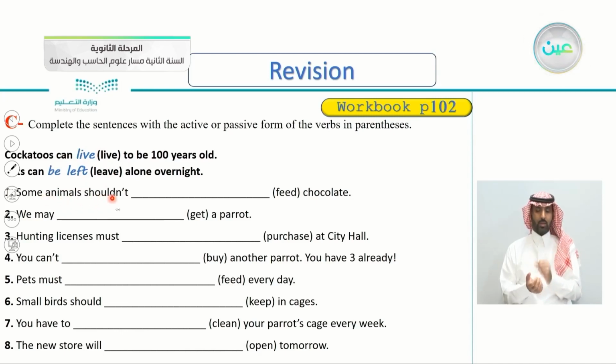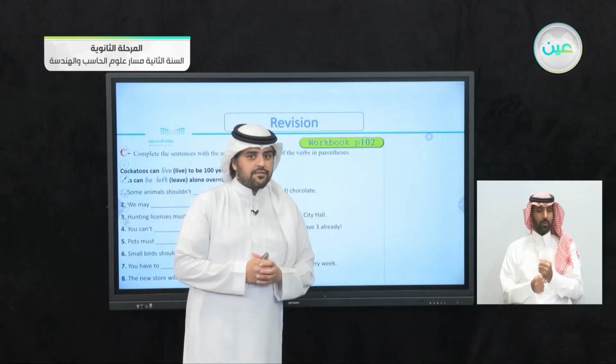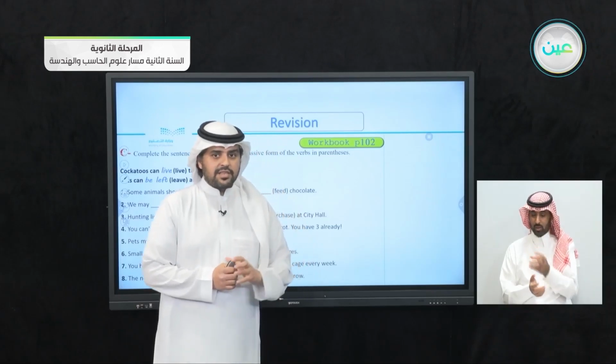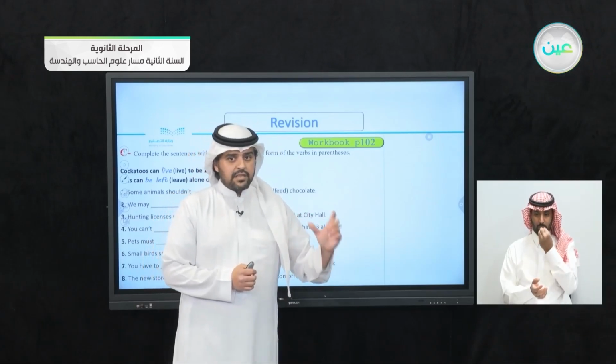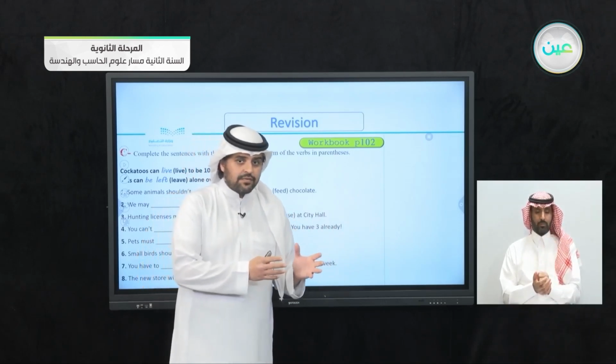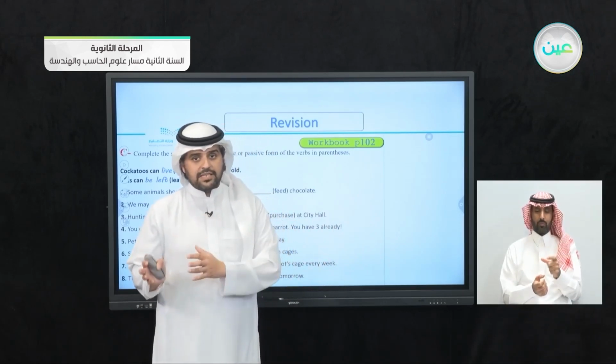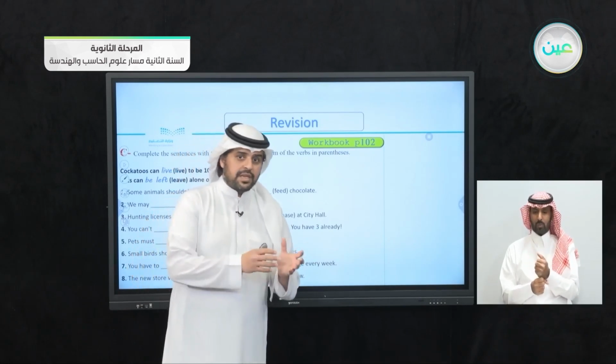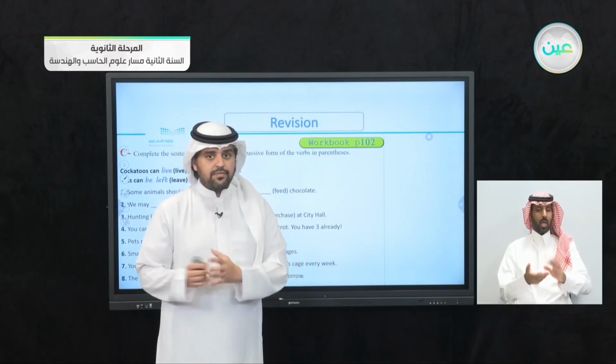Some animals shouldn't feed chocolate. So the verb here is feed. So if you remember the form for the active and for the passive with any forms of be, then the past participle of the verb.